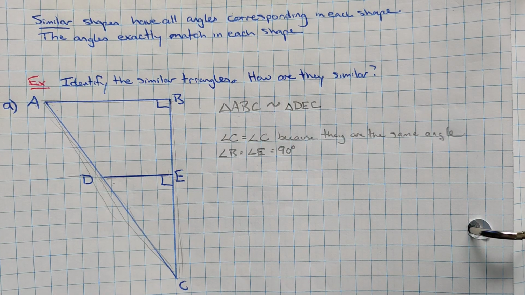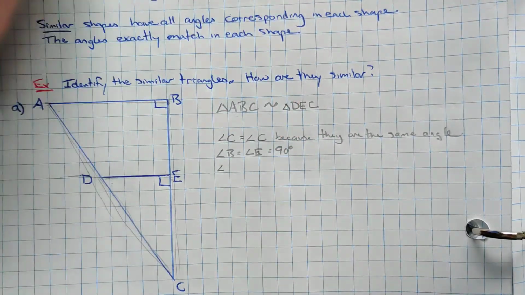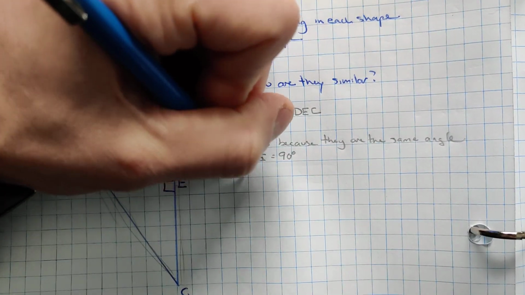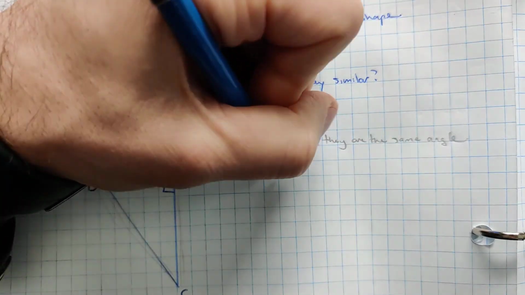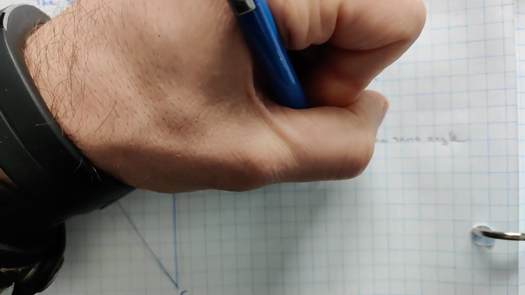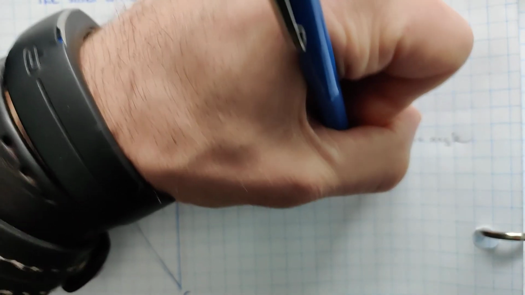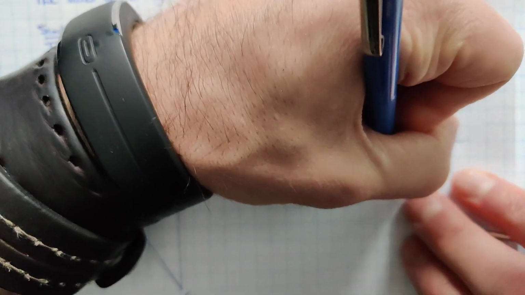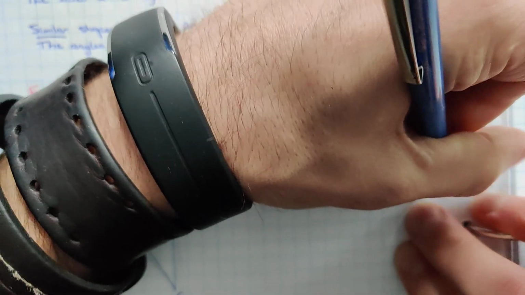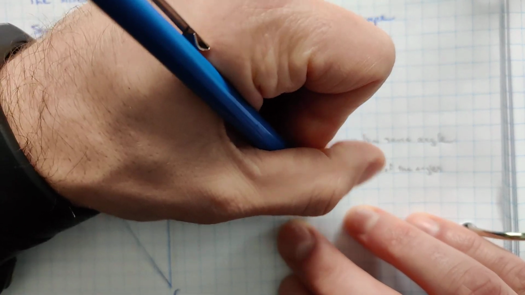And then because we have 180 degrees in a triangle, angle A equals angle D, because 180 degrees is the sum of the angles in a triangle.